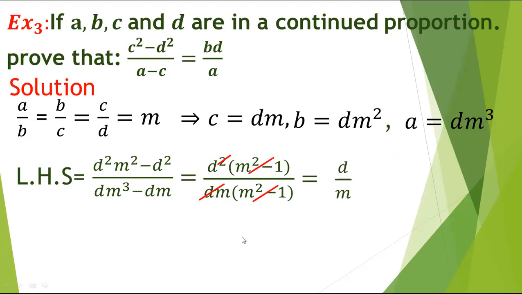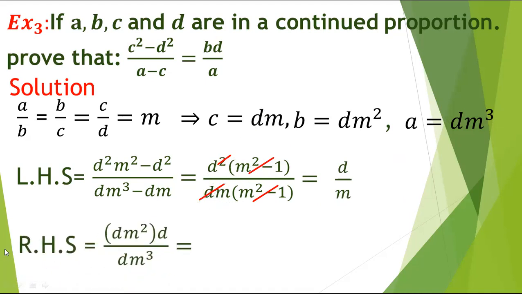This is number 1. Take the right hand side equals B D, B equals Dm power 2, write Dm power 2 by substitution, times D, write D as it is, with D letter in denominator, divided by A equals Dm power 3.